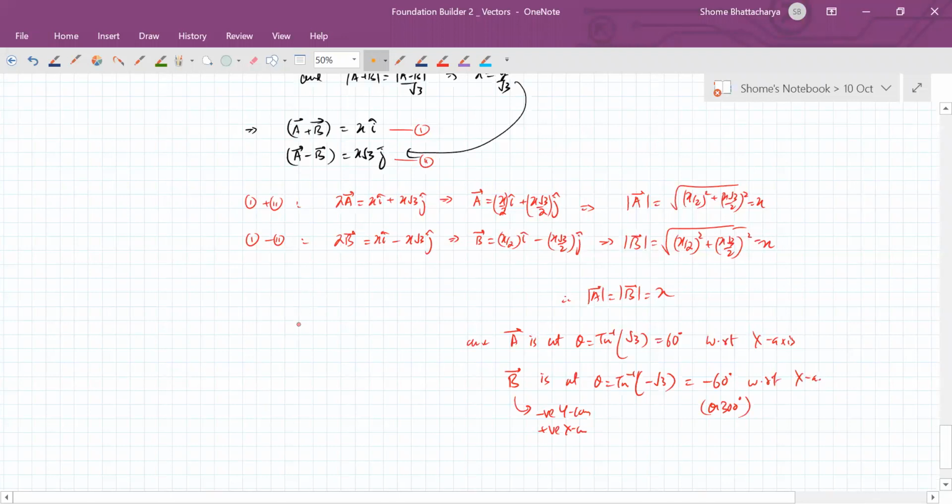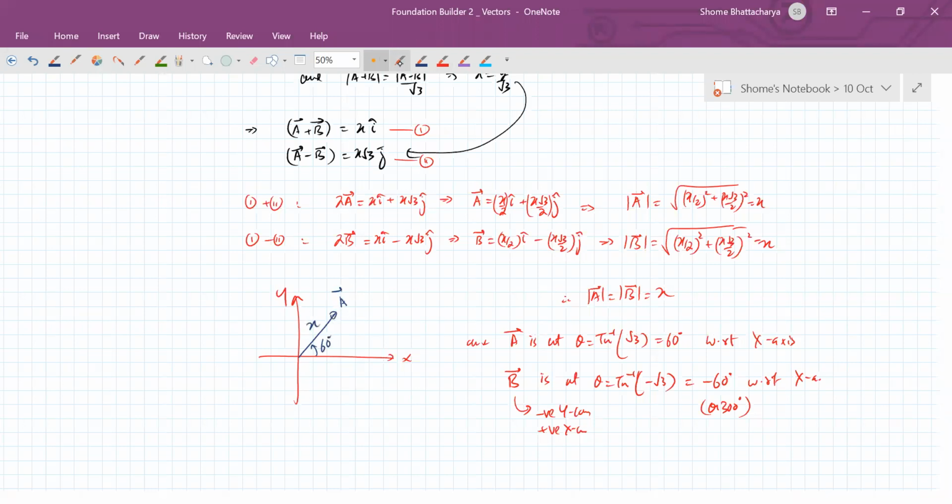Okay. So in the xy plane, our vector A would be looking like this, the magnitude x, and our vector B would be looking like this. Same magnitude, but angle of minus 60. Okay.